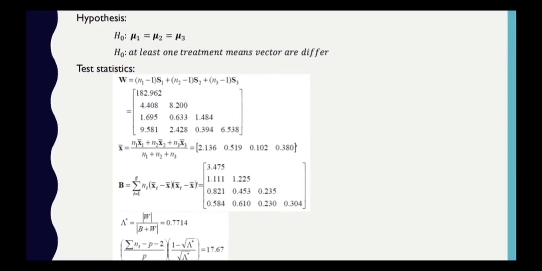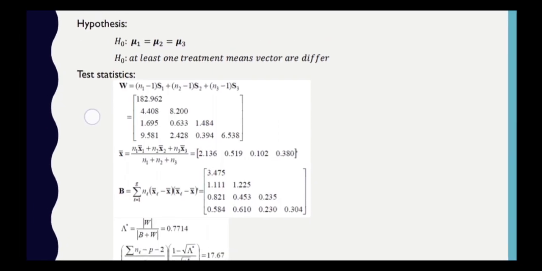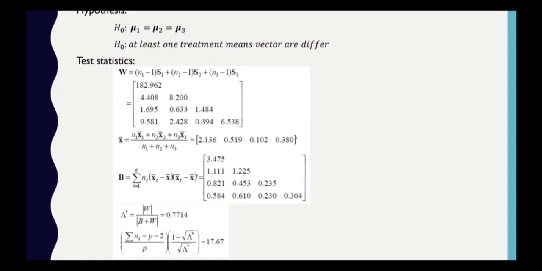We find W, find B to get Wilks' lambda. Okay, only here, because we don't have the data, we don't have the overall data, to find x bar we have another formula that you need to know.